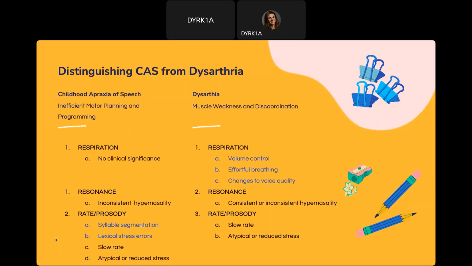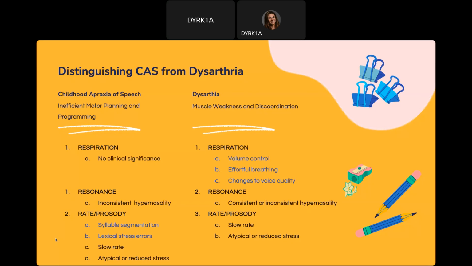Okay, and then this is distinguishing childhood apraxia of speech from dysarthria. And I go through this system by system. But first the definition. Childhood apraxia of speech is inefficient motor planning and programming.